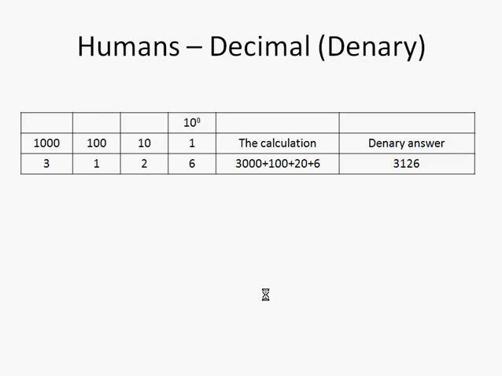What we're going to put in the top row of this table now isn't essential to remember, but might help us understand binary when we look at that in a moment. 10 to the power of 0 equals 1. 10 to the power of 1 equals 10. 10 squared, or 10 to the power of 2, or 10 times 10, equals 100.